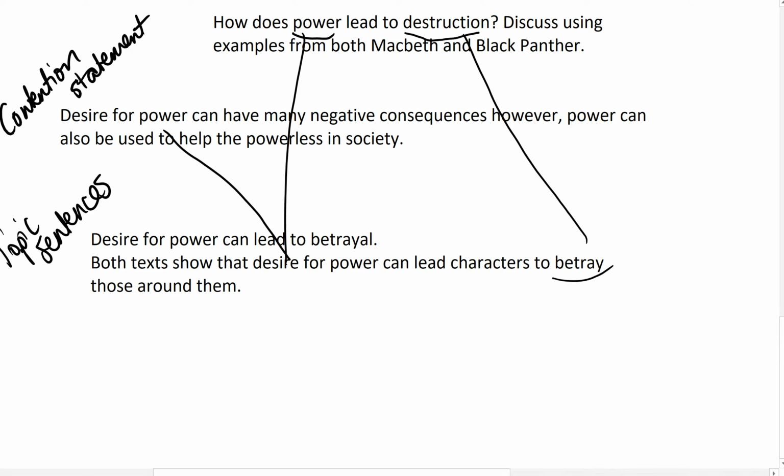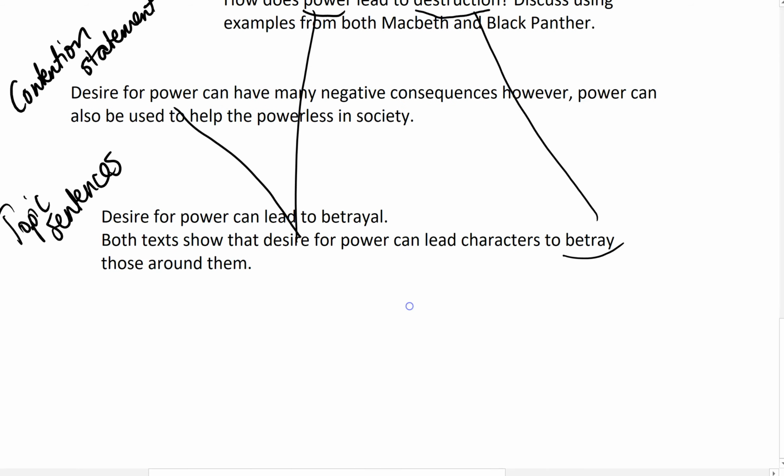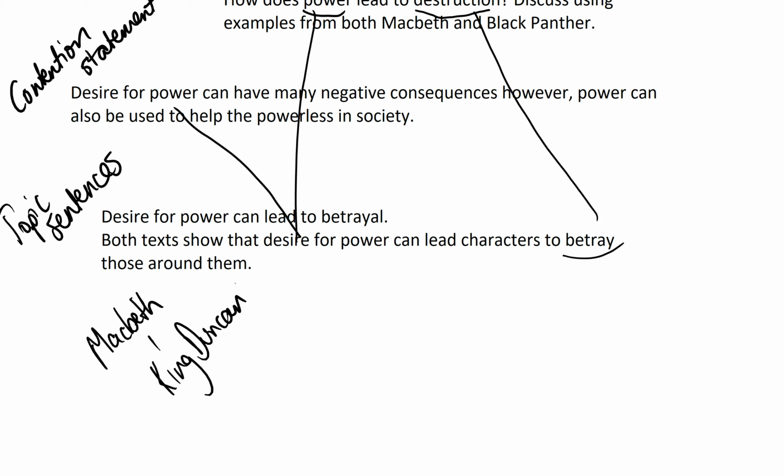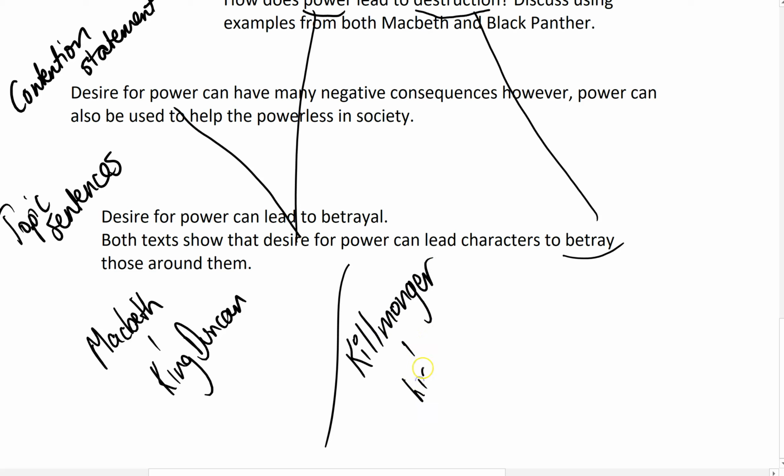So I should think of one main example from each text, at least a character, an event, and straight away I think of, well, Macbeth betrays King Duncan. So I can focus in on a key moment there. Perhaps it's Duncan's murder at the hand of Macbeth, and some symbols and some things that I can explore there. And from Black Panther, the first example of betrayal that comes to mind is Killmonger and his girlfriend.